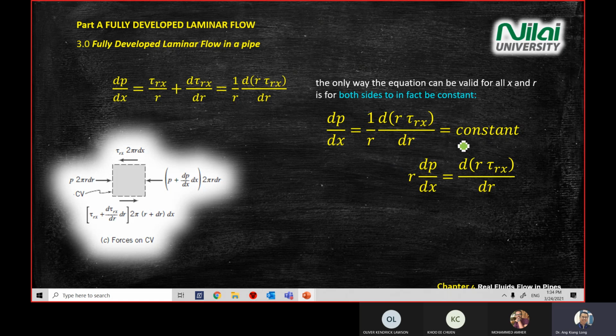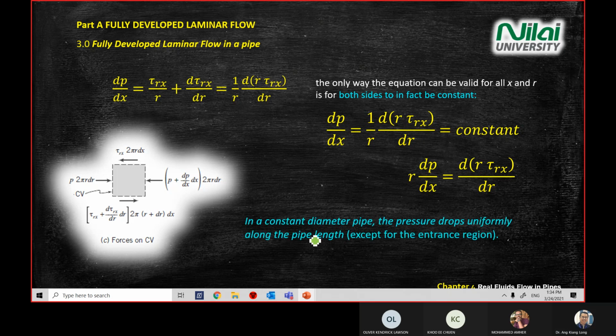So when it becomes a constant value, let's say 1, then you can rearrange this equation to this term. You move your r to the left. So you get r dp over dx equal to d(r stress) divided by dr. And this is a side note.